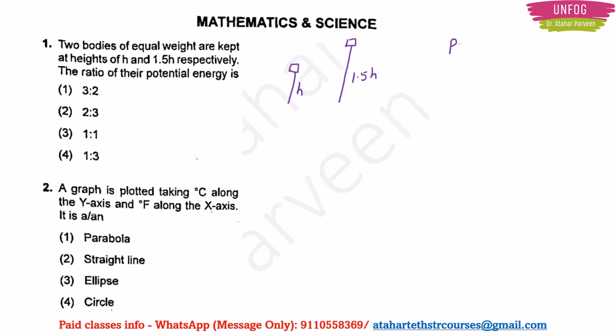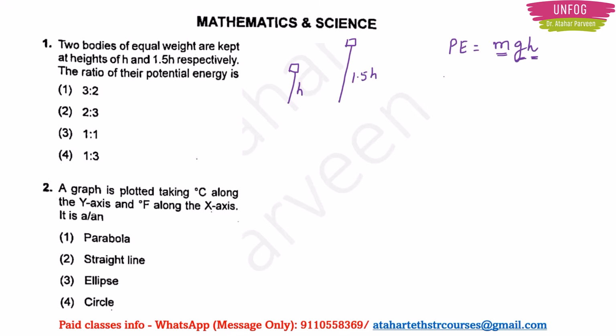Now, we should be knowing the simple formula of potential energy, which is mgh. We have to find out the ratio, right? Both the bodies have the same weight. That means the mass will be the same, and of course acceleration due to gravity also will be the same for both the objects. We have only a difference in the height.